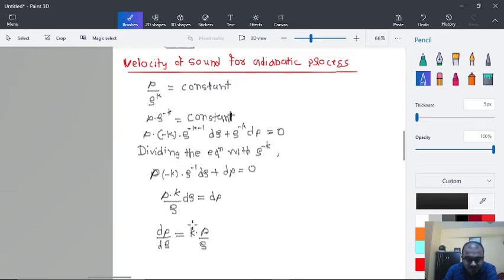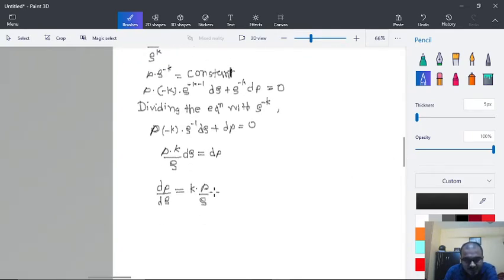So again, instead of p by rho we know it as RT. So here we will have k RT.